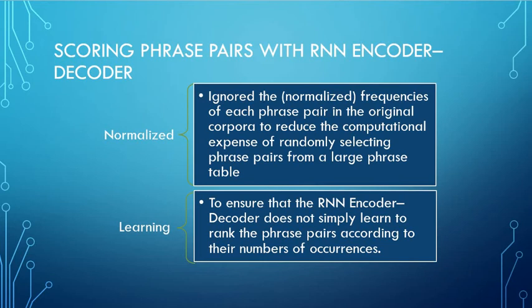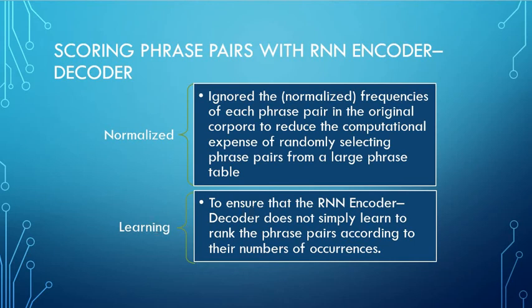When we train the encoder-decoder, we ignore the normalized frequencies of each phrase pair in the original corpora. This measure was taken in order to reduce the computational expense of randomly selecting phrase pairs from a large phrase table according to the normalized frequencies.